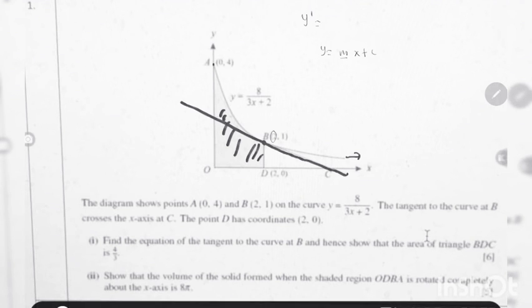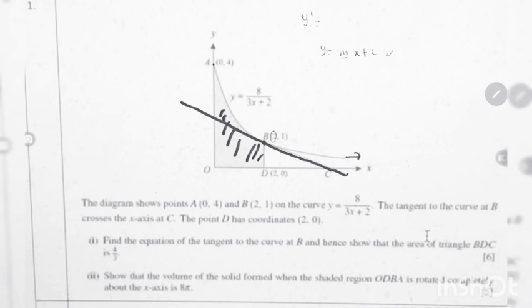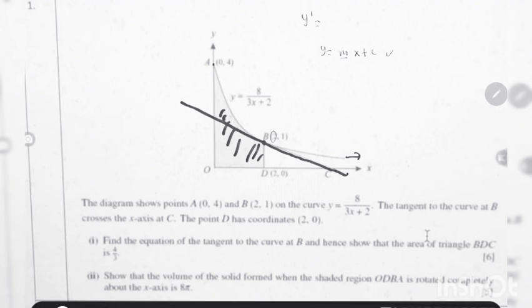So to find the gradient, I repeat it again. To find the line equation, first you need to find the gradient m. To find the gradient, you use the first derivative of the curve, and then you substitute the point into it.